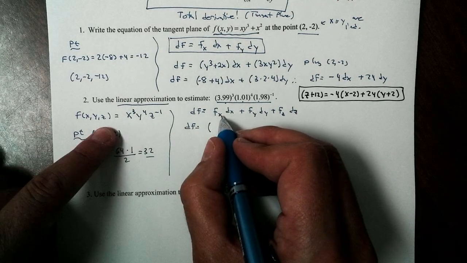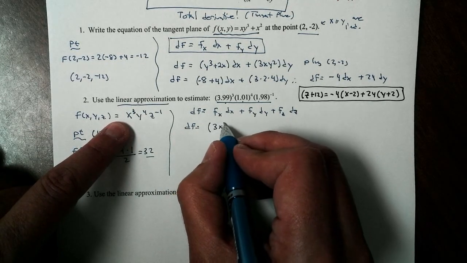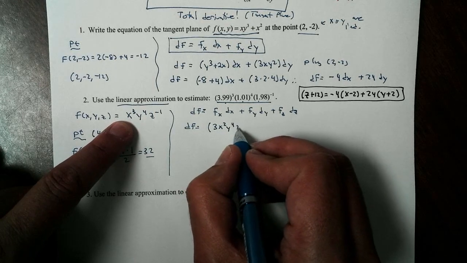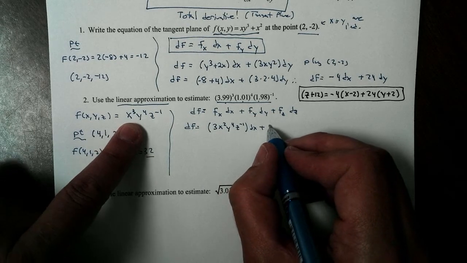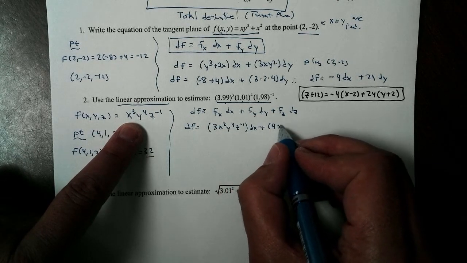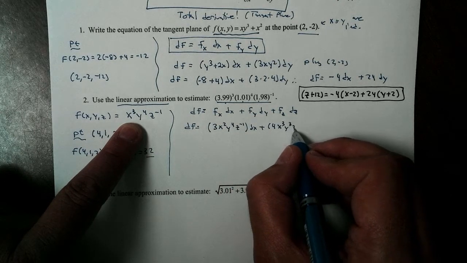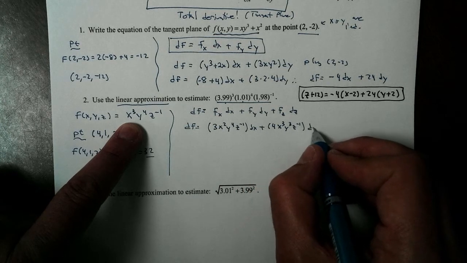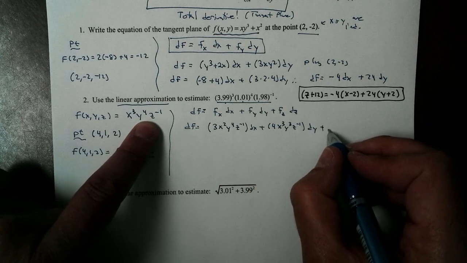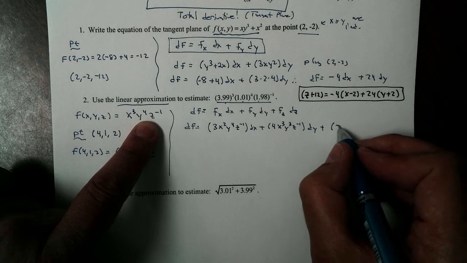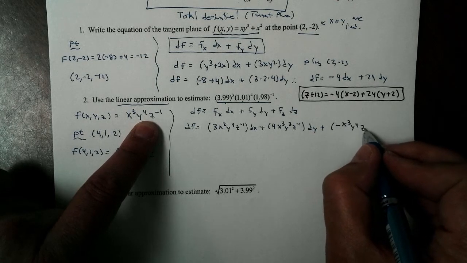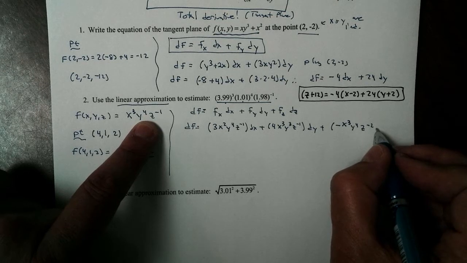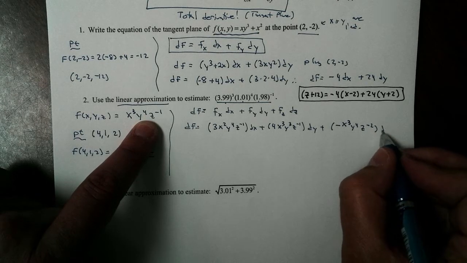The partial with respect to x, 3x squared, y to the 4th, z to the -1, dx, plus the partial with respect to y becomes 4x cubed, y cubed, z to the -1, dy, plus the partial with respect to z, negative x cubed, y to the 4th, z to the -2. Be very careful with that. dz.